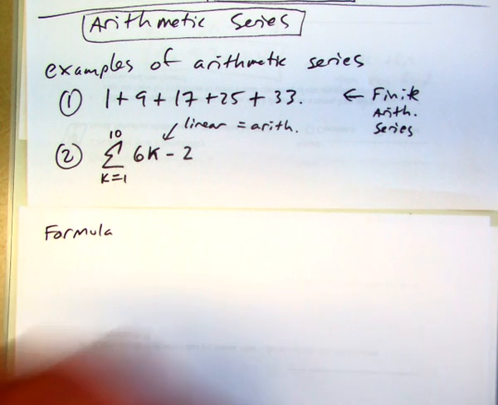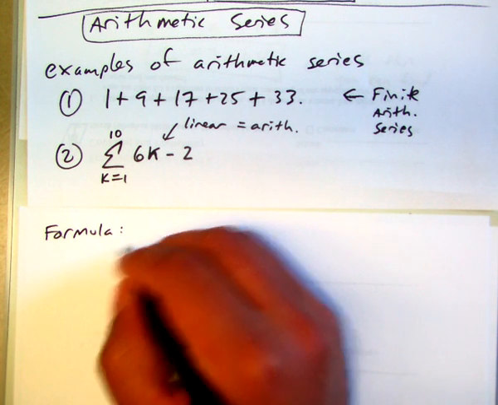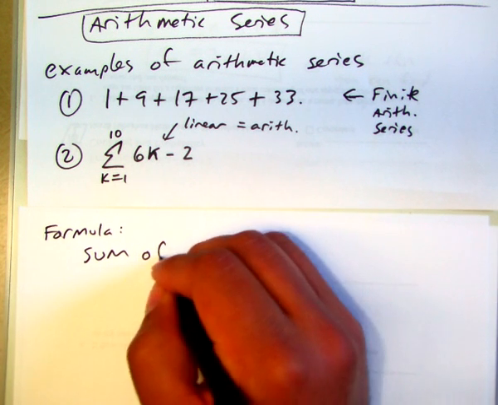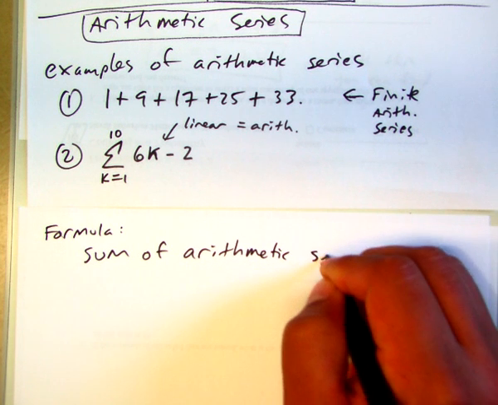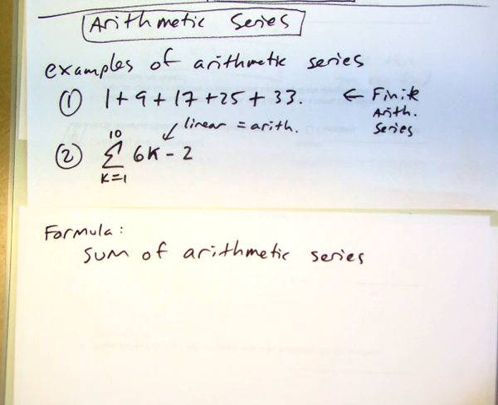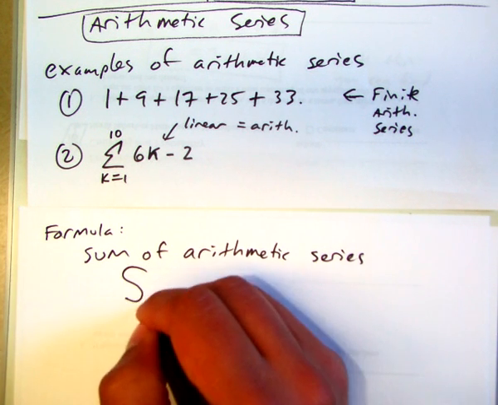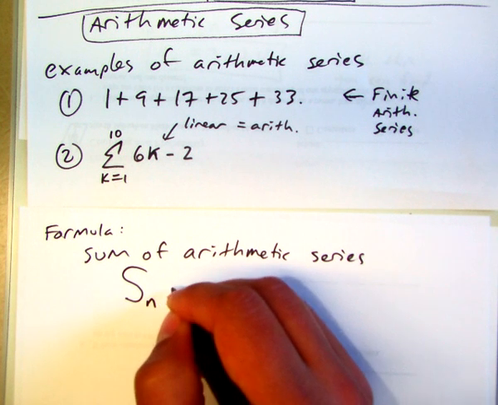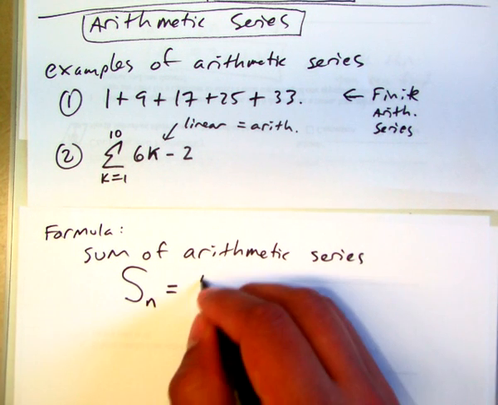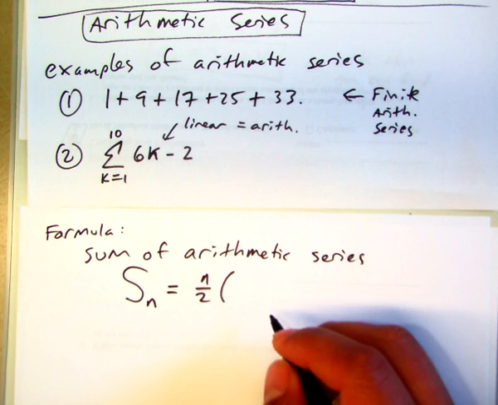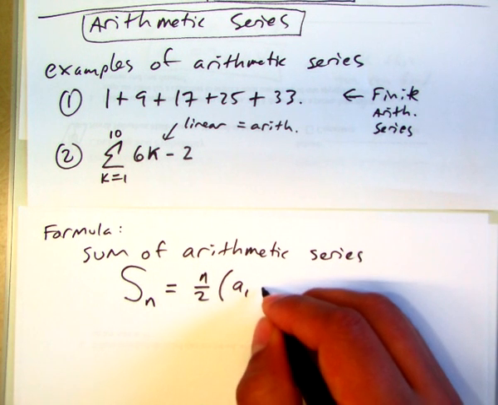Okay, the sum of an arithmetic series, which we're going to call S for sum and then little n, is just going to be n over 2 times first term plus a sub n.